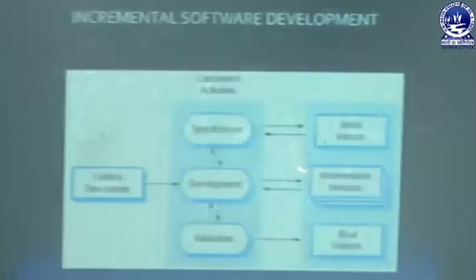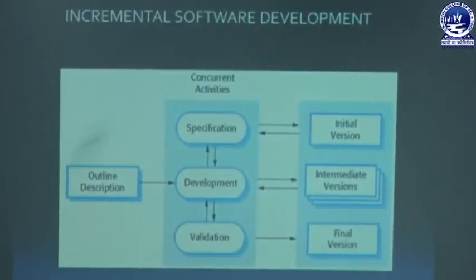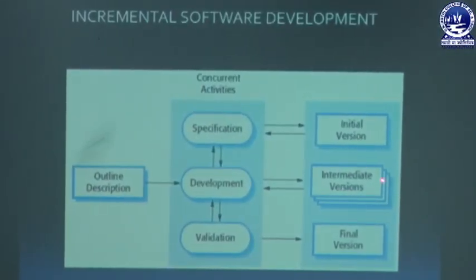That is the initial version, or we can call it increment 1. Examination is our final version, and the intermediate versions are our lesson plan and attendance. So the initial version is admission, and the intermediate versions are lesson plan and attendance.